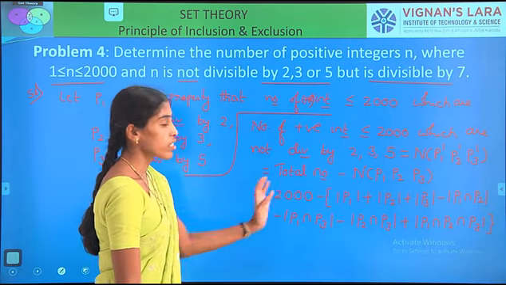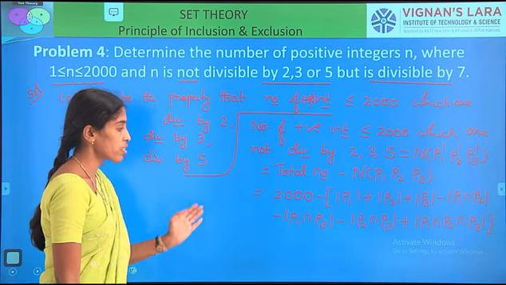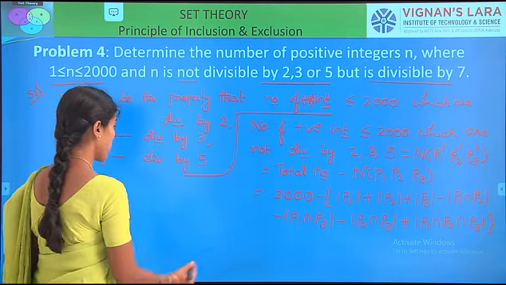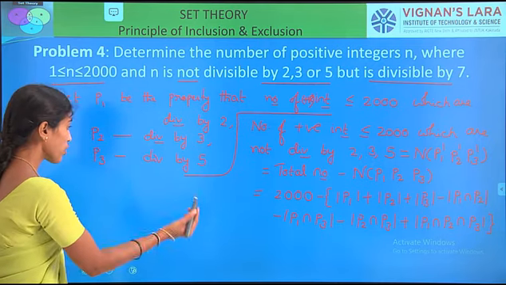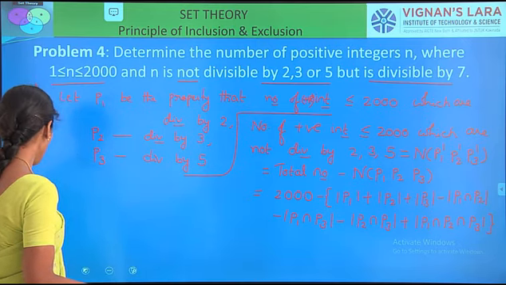We need to find all these cardinalities first, then we substitute here. So we calculate these values in the next slide.